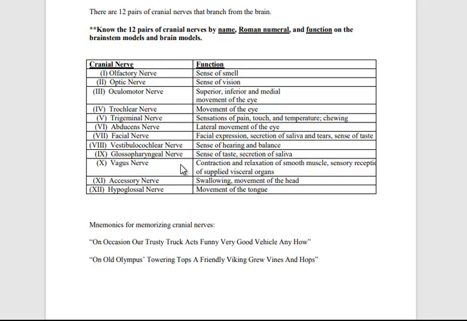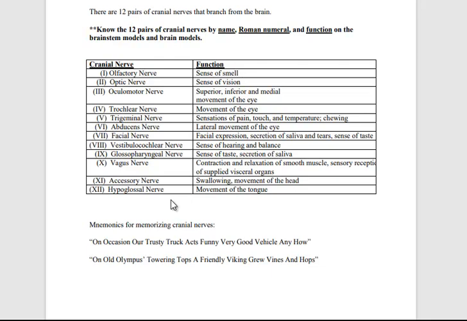So the vagus nerve is going to be the one that talks to your smooth muscle. So it's going to be very, very important. All right, and then coming down to number 11, the accessory nerve allows you to swallow and to move your head. And then the hypoglossal nerve is moving your tongue. So number 12 is moving your tongue.